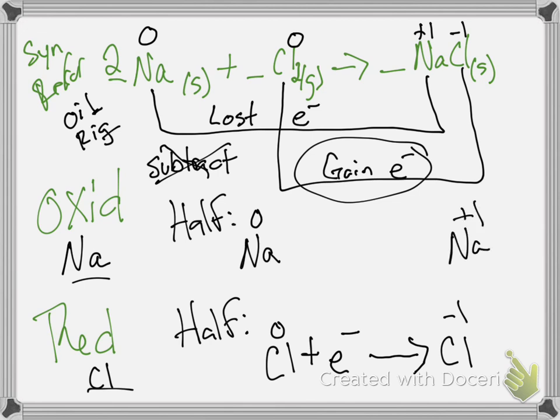Don't write this part down. I'm going to write it wrong so you can see it wrong. Why can I not say it lost an electron to give me that? You can't have a subtraction sign in a chemical reaction. So this is wrong. We need to manipulate it a little bit by thinking of decomposition. This sodium produces an electron plus that sodium +1.